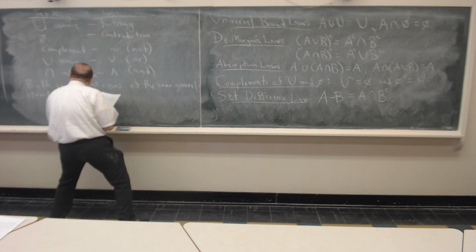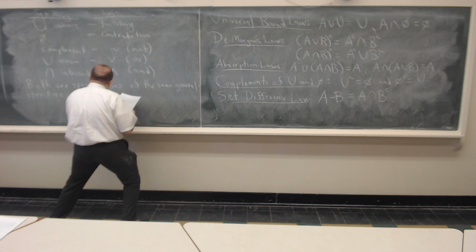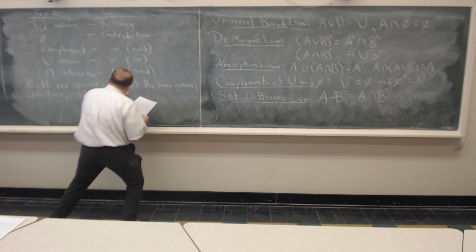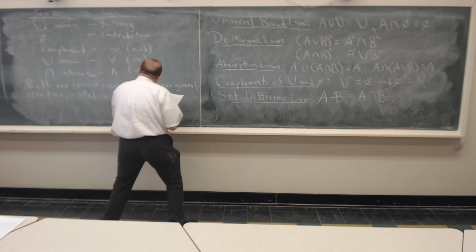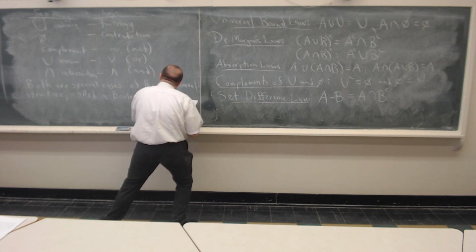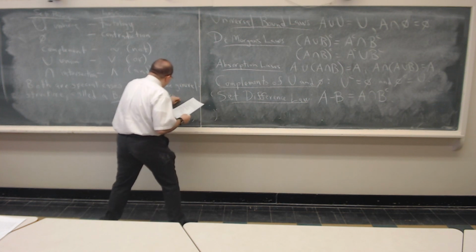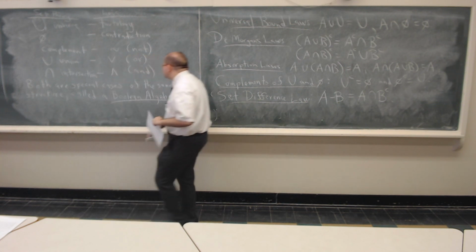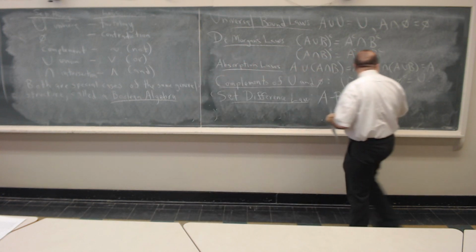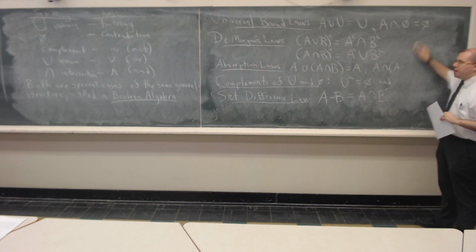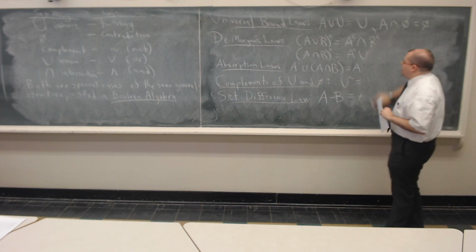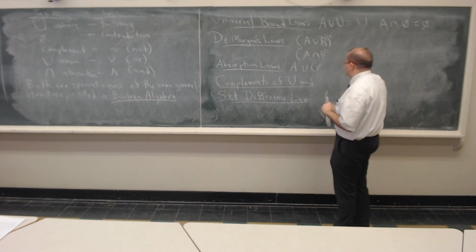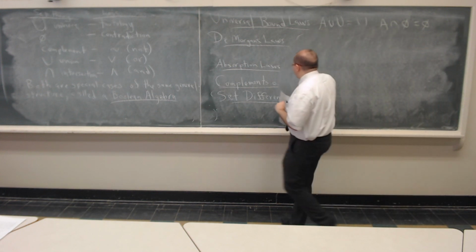This is called a Boolean algebra. So you can actually create an algebraic way of talking about all of this in terms that I'm going to give you kind of an idea of.